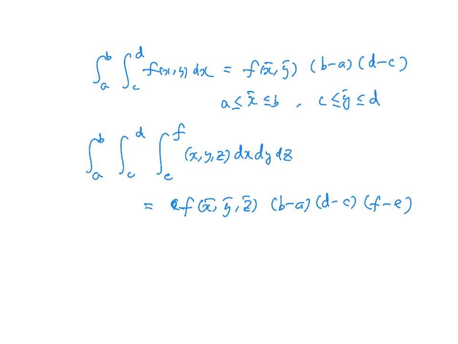And here the mean value theorem dictates that x bar will be between a and b, y bar will be between c and d, z bar will be between e and f.